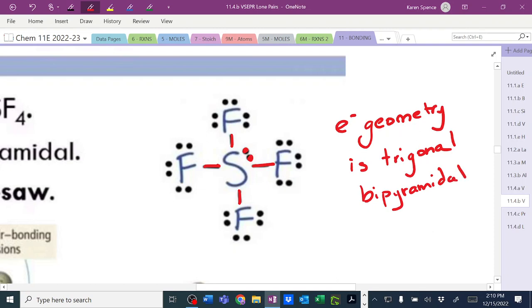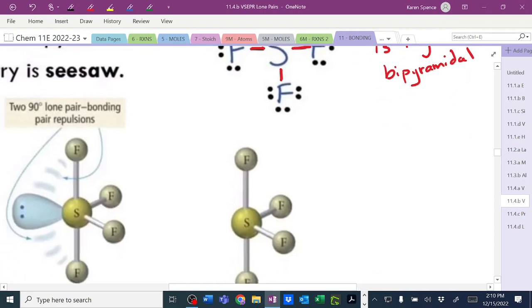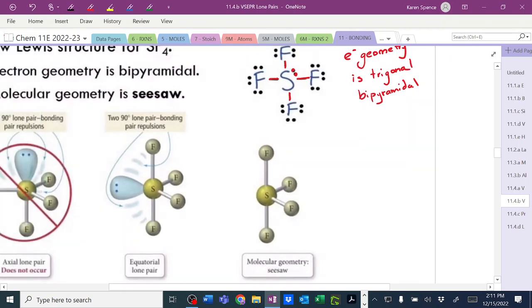This is the one that's a little bit tricky because you have to remember where the lone pair goes. Lone pairs always go around the equator.